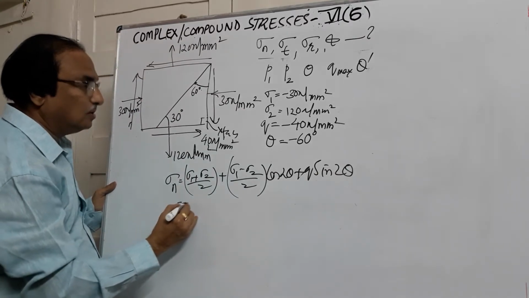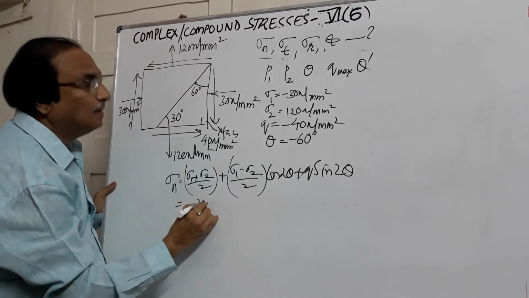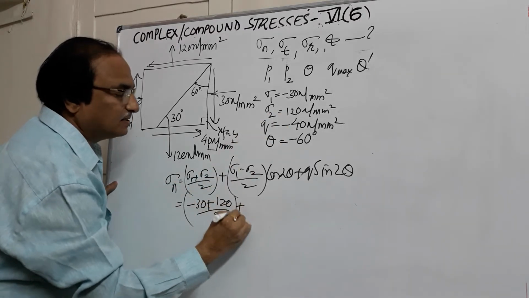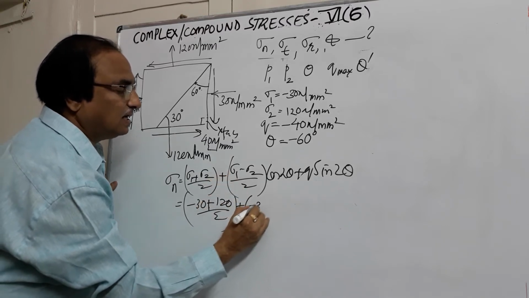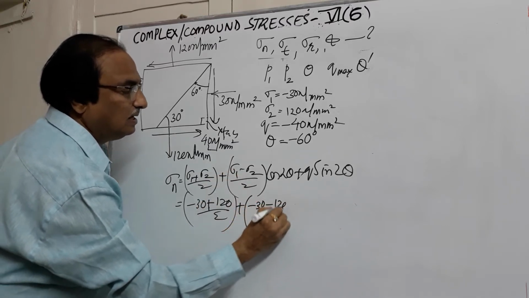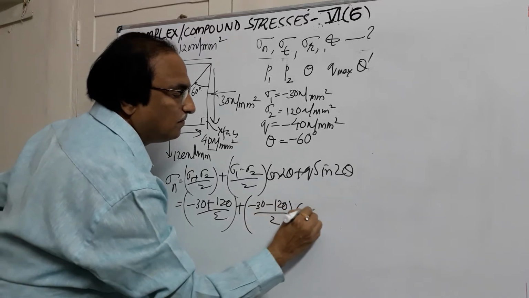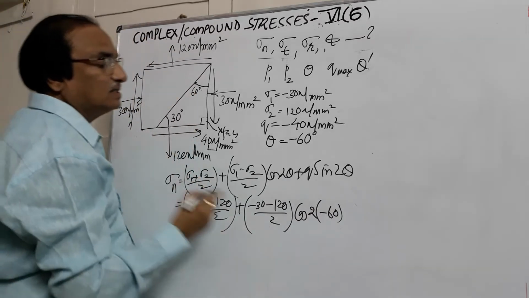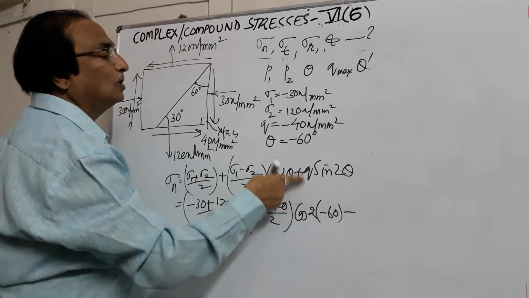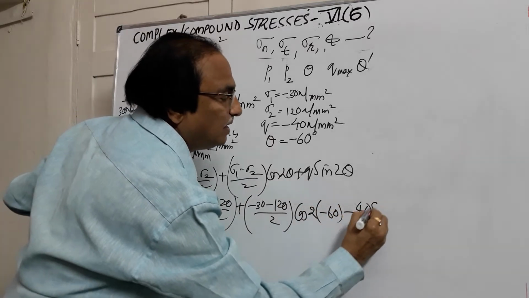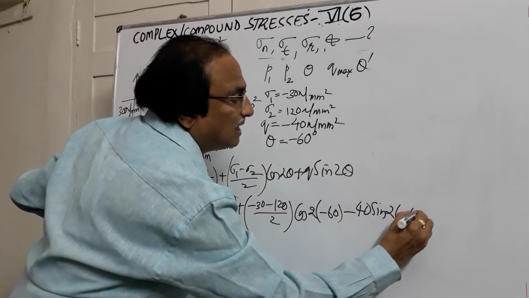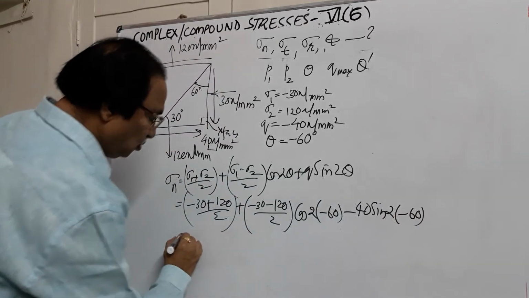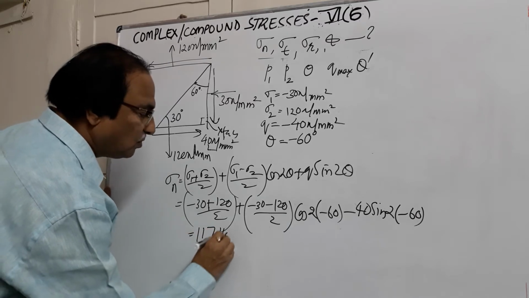So this is equal to minus 30 plus 120 divided by 2, plus minus 30 minus 120 divided by 2 into cos of 2 into minus 60, plus q, which is minus 40, into sine of 2 into minus 60.